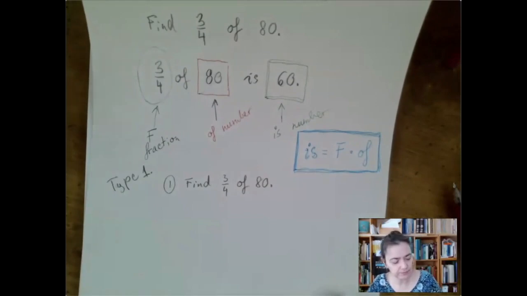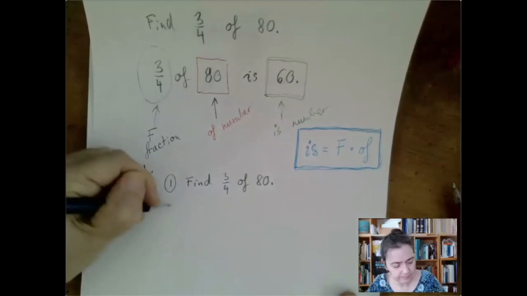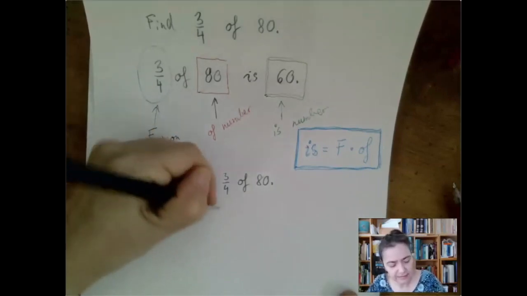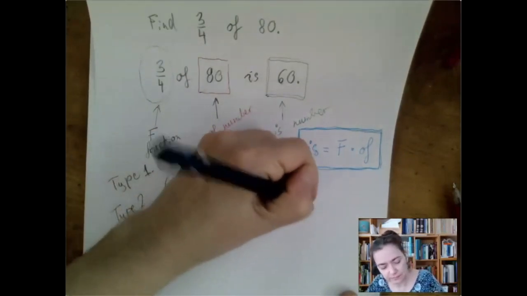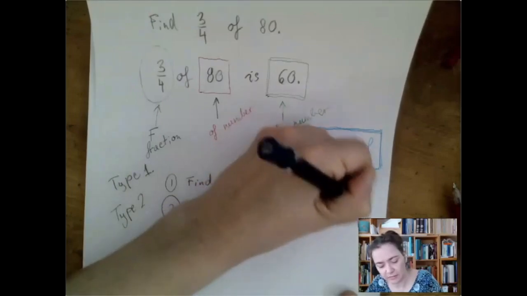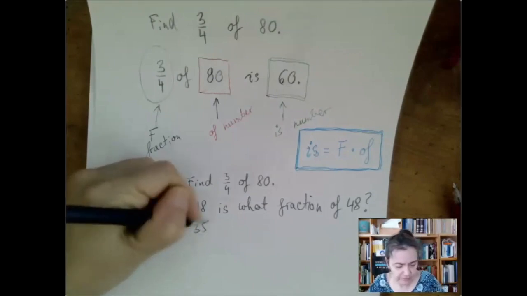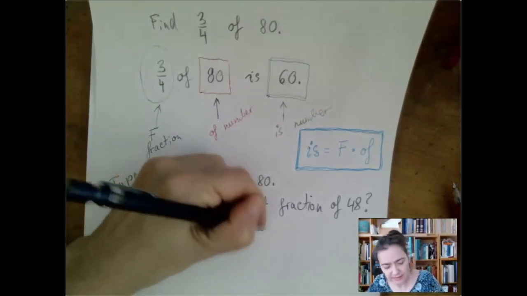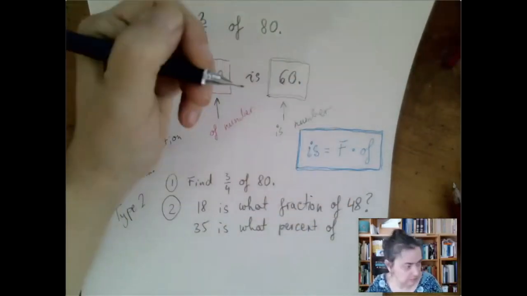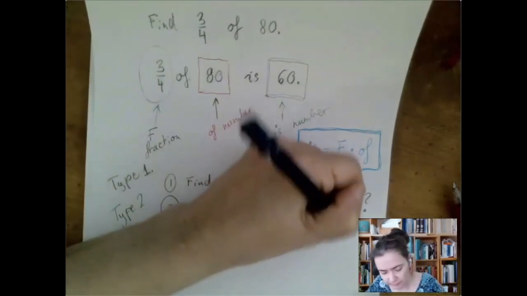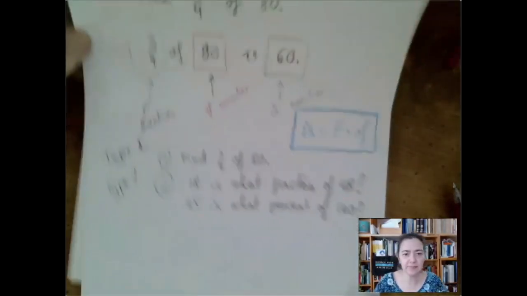So type 2 is gonna be something like: 18 is what fraction of 48, or 35 is what percent of 140, right? This is type 2.